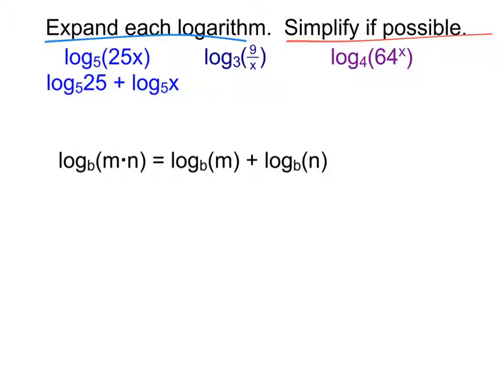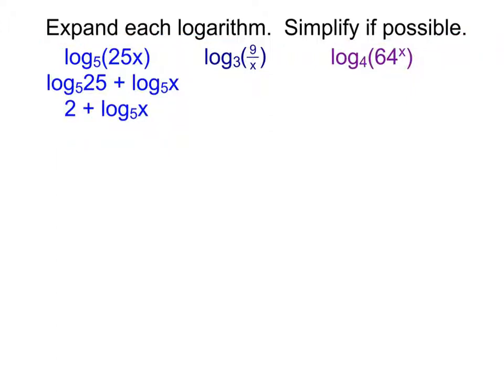Yes. Because remember, when you see log base 5 of 25, basically what it's saying is 5 to the power of what equals 25. Well, that's one we know. 5 squared is 25. So that just must equal 2. So since it simplifies down to a nice pretty whole number, we do that. And this is now simplified and therefore done.